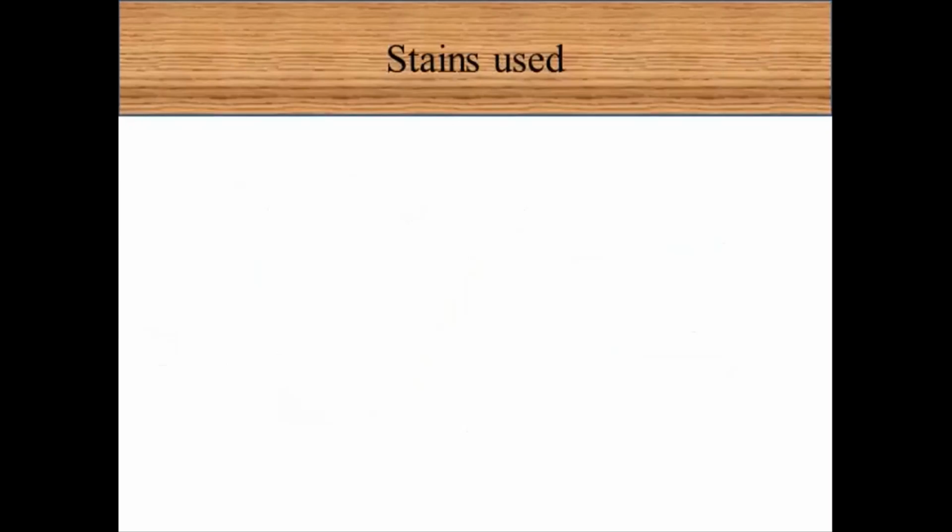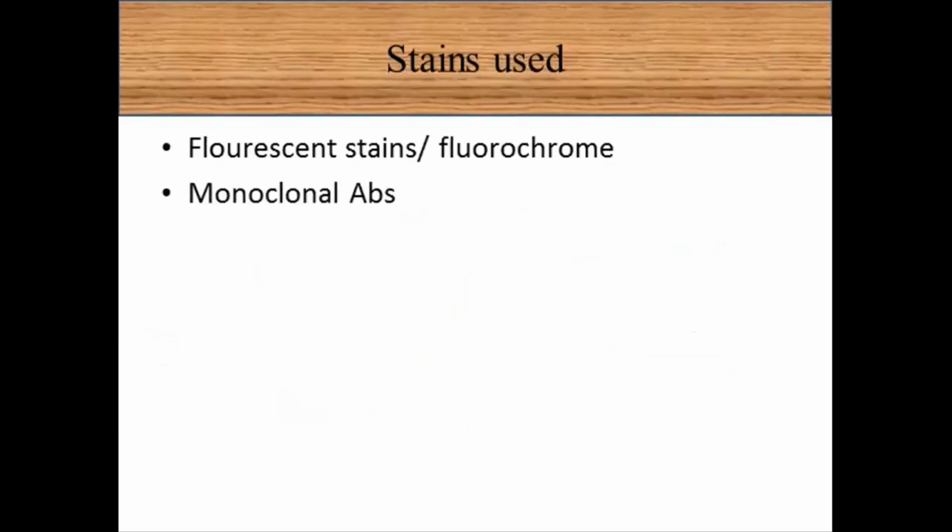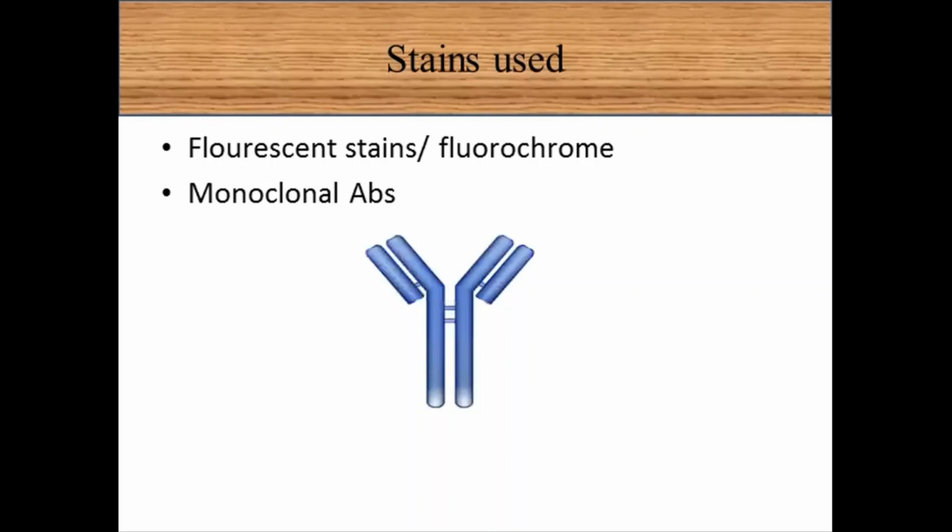The second special feature is the stains used. Fluorescent stains, fluorochromes, are used, and monoclonal antibodies are used. As I told you, the second special feature is the stain used, called a fluorescent stain or fluorochrome.